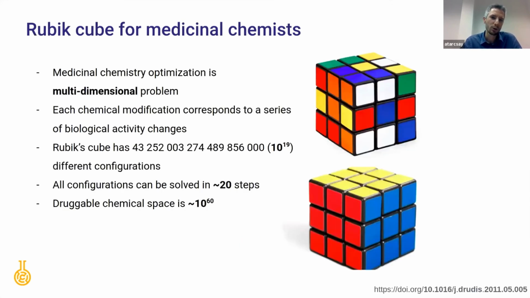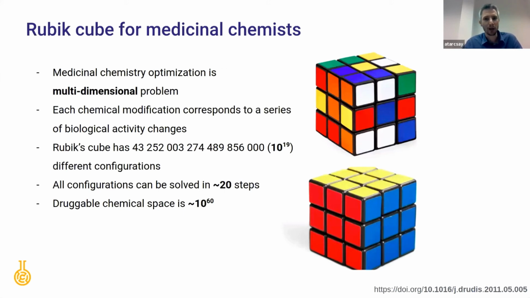So this comes down to a problem of solving a Rubik's cube. In the case of medicinal chemistry optimizations, a compound is changed with chemical modifications. When you make a chemical modification, you change an atom, a hydrogen to a methyl, or you introduce a nitrogen into a heteroaromatic ring.